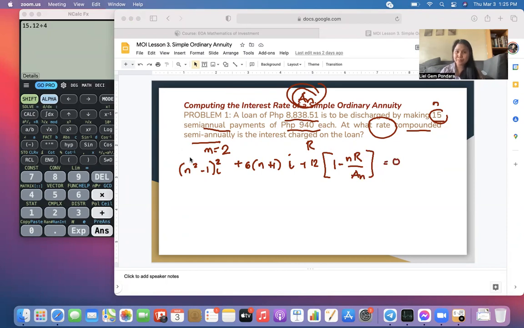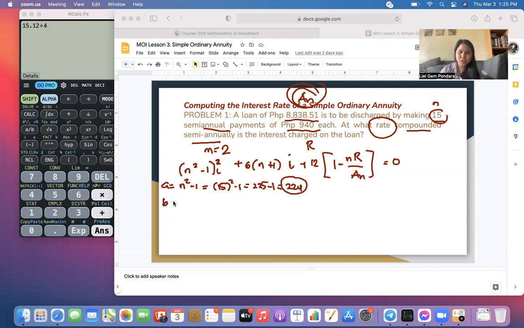We can start computing for our A, B, and C. Let's start with A. N squared minus 1, that's 15 squared minus 1. That's 225 minus 1. So our A is 224.